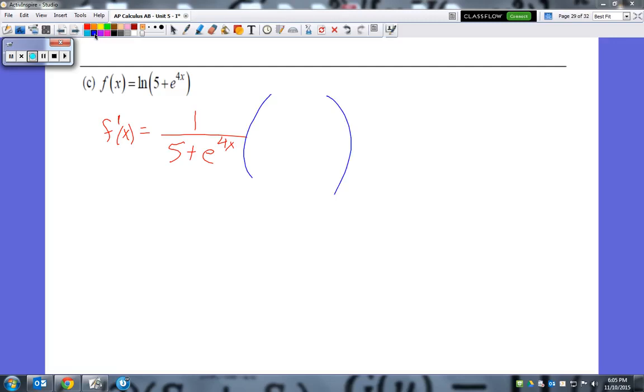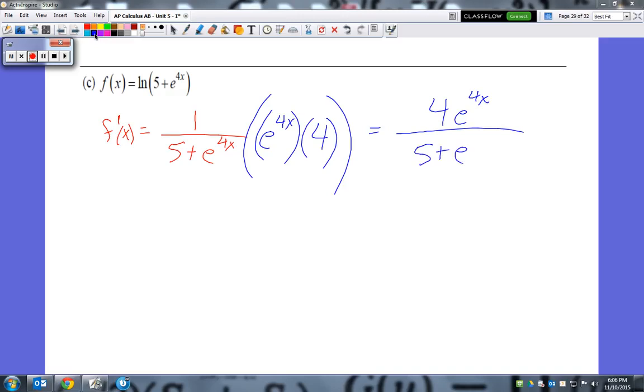Okay, the derivative of the inside is, well, 0 for 5, but it is the carbon copy times the derivative of the power, which is just 4. So this simplifies all out to 4e to the 4x all over 5 plus e to the 4x. There aren't any negative powers, so you could leave your answer just like that if you wanted to.